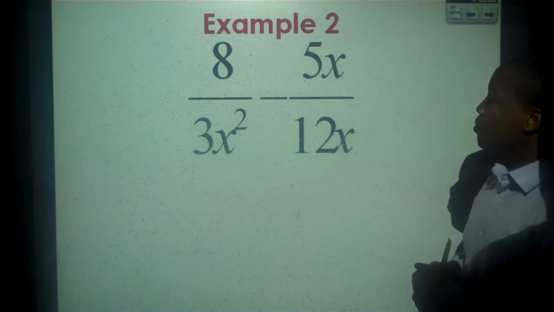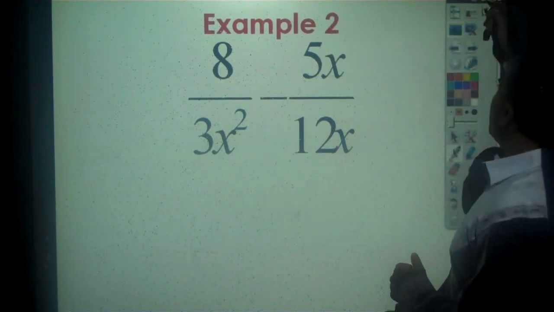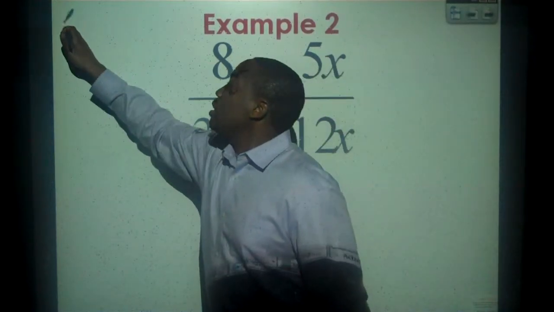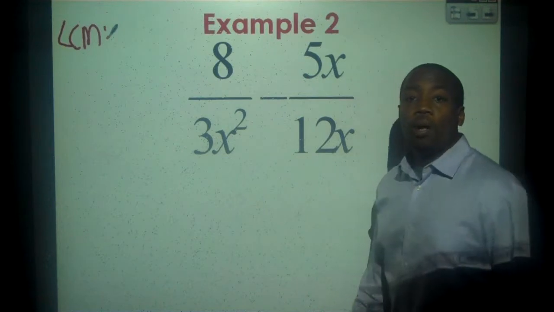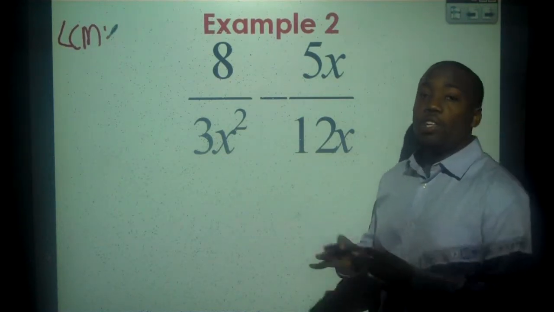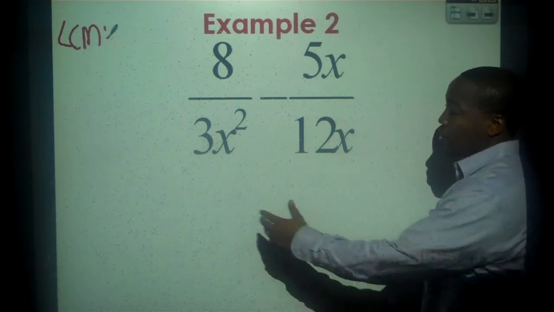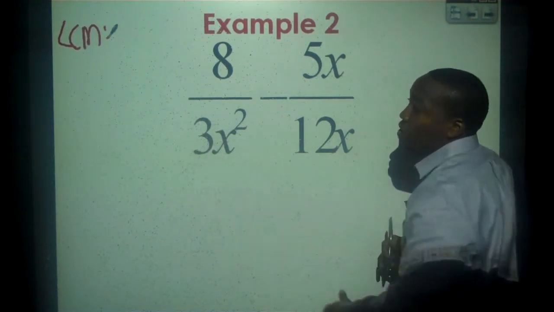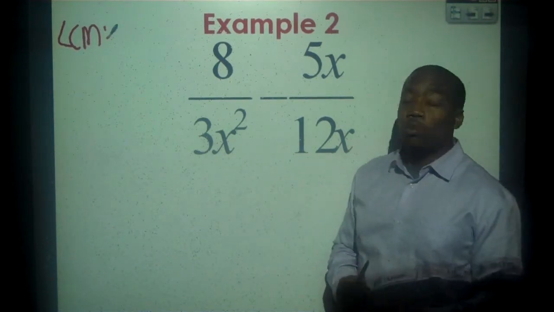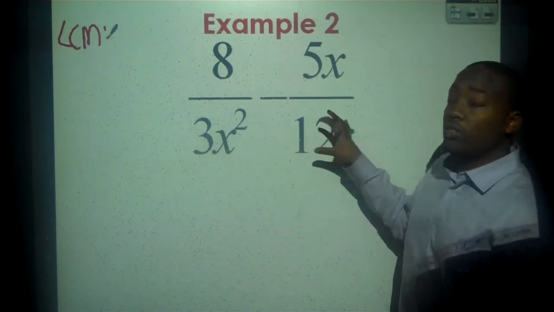So in example 2, now in this situation we need to find the LCM. The LCM is going to basically be the hardest part of the whole problem. But once you get it down, everything will flow real easily. So let's first look at these two denominators. When you find the LCM, you got to think in your head, what do both of these denominators multiply up to?